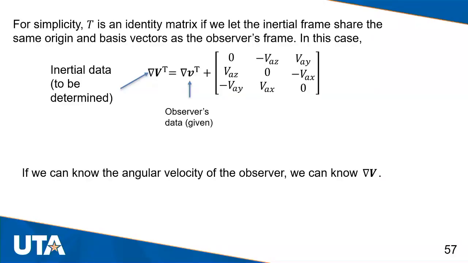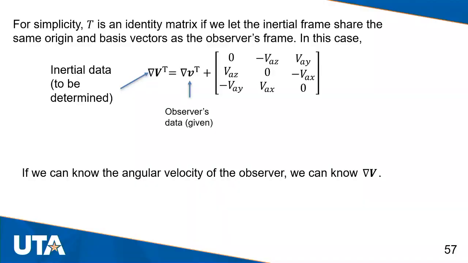We let the frame we establish have the same origin and the same XYZ directions. So we do not need to do the coordinate transformation, and T becomes an identity matrix. So the relation is simplified to this, right?